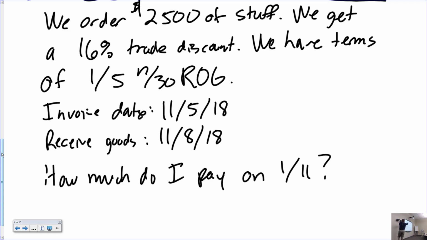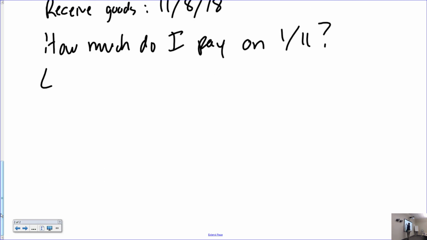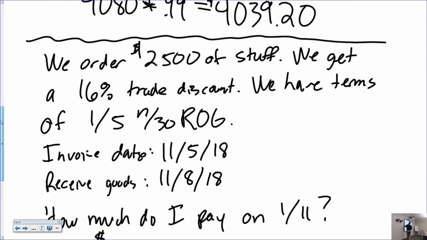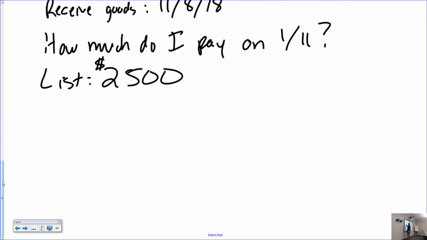All right. So, how would you guys start this problem? List price. What's my list price? What am I going to go to next? Net price. How are you going to calculate net price?